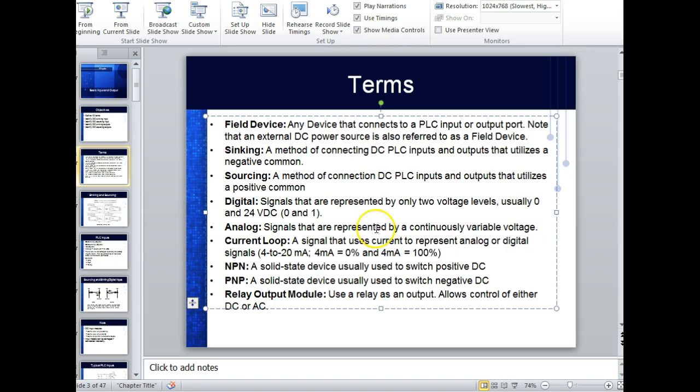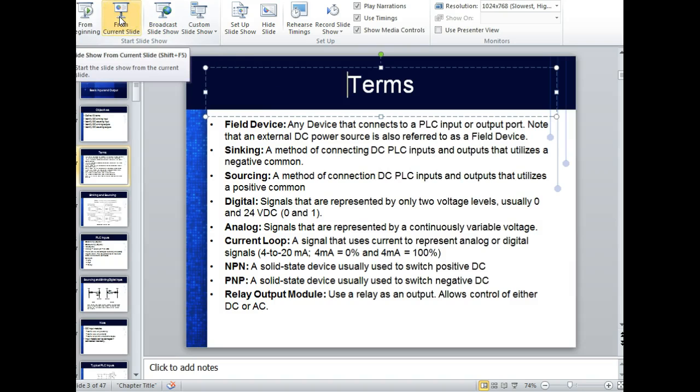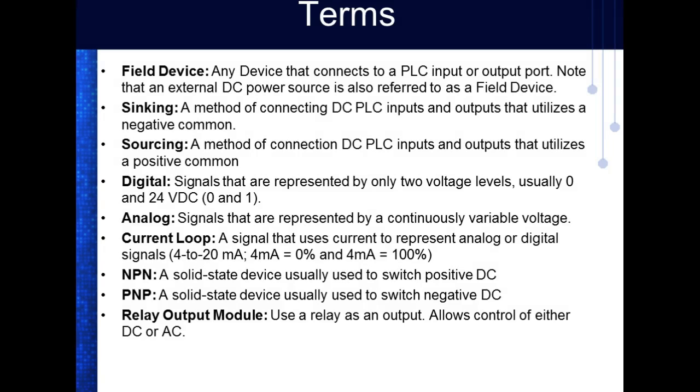I've uploaded this to the website, by the way, but I'm going to have to make some changes to it. So we have what we call a 4 to 20 milliamp loop. This is probably the most popular, where 4 milliamps represents 0% and 20 milliamps represents 100%.